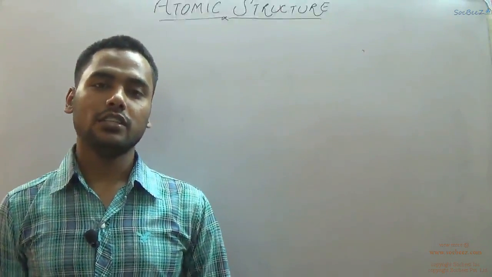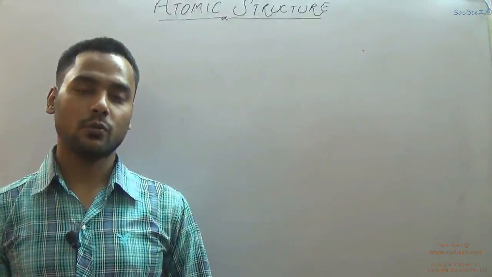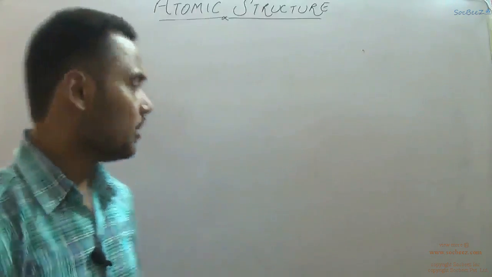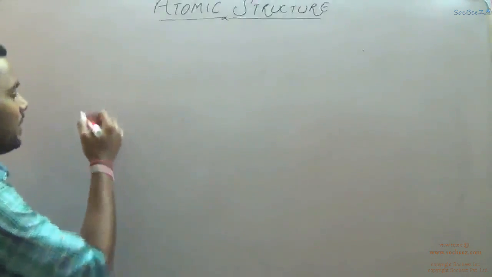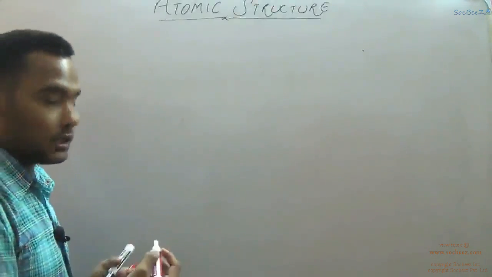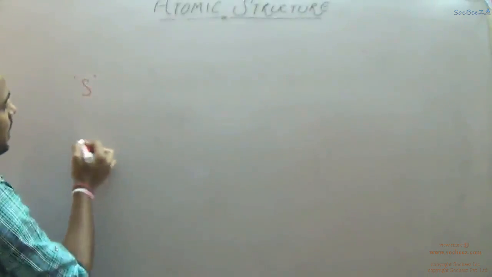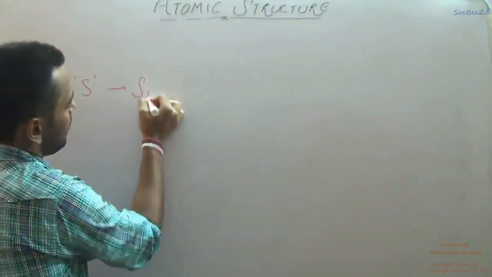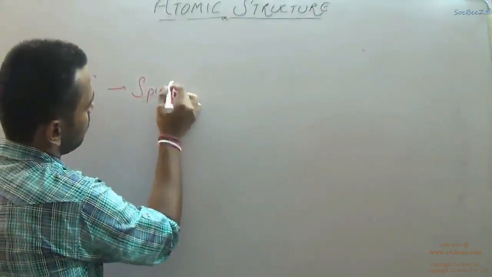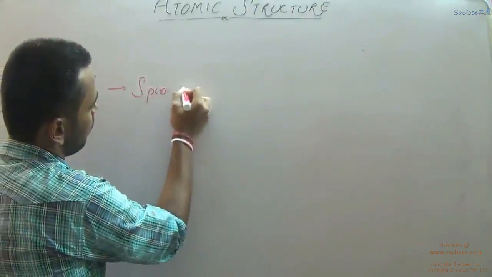Hi friends, in this video we are going to discuss some questions, but before that you need to know a few things. For example, we discussed in the quantum numbers, there is one quantum number known as S, called the spin quantum number.